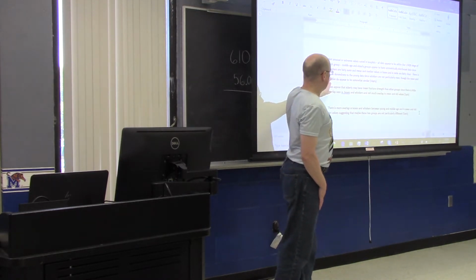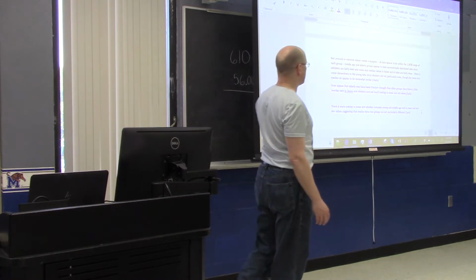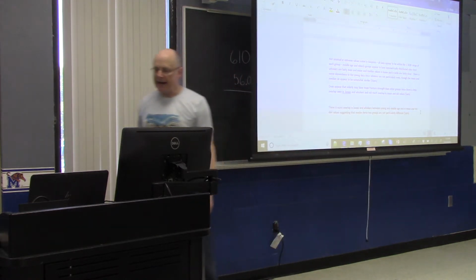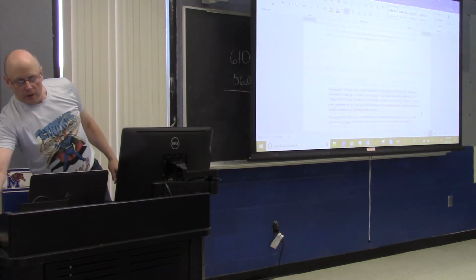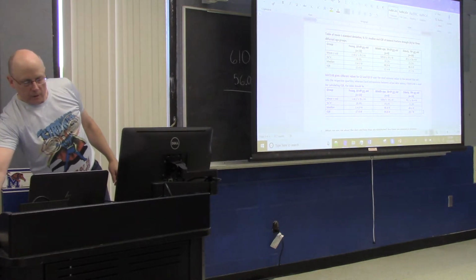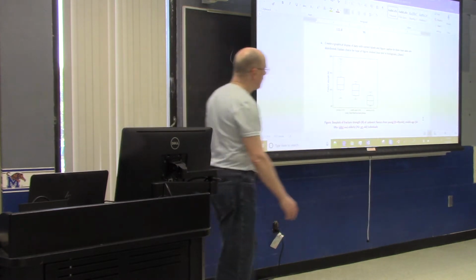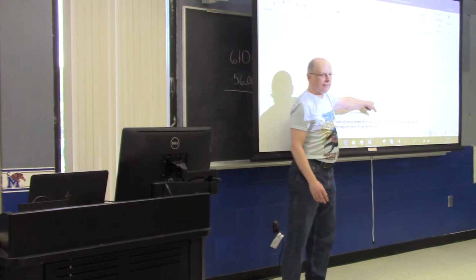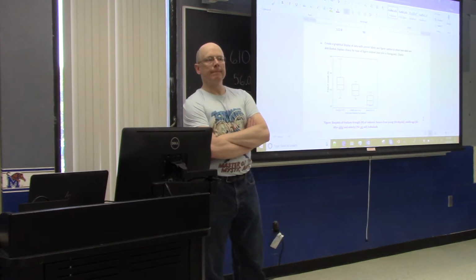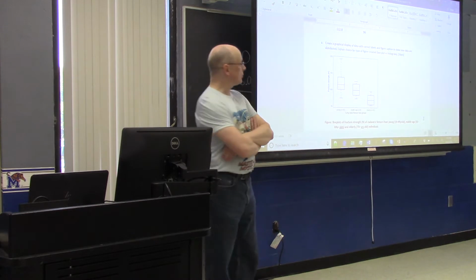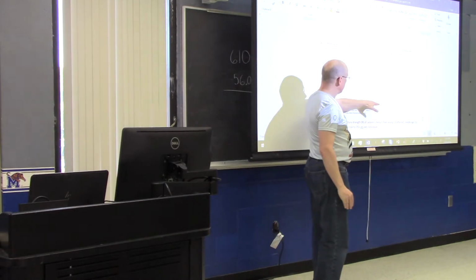Now, the suggestion that the elderly may have a lower fracture strength. Why does he say the elderly may have a lower fracture strength? Is it because it's overlapping? Because they're overlapping, yeah.